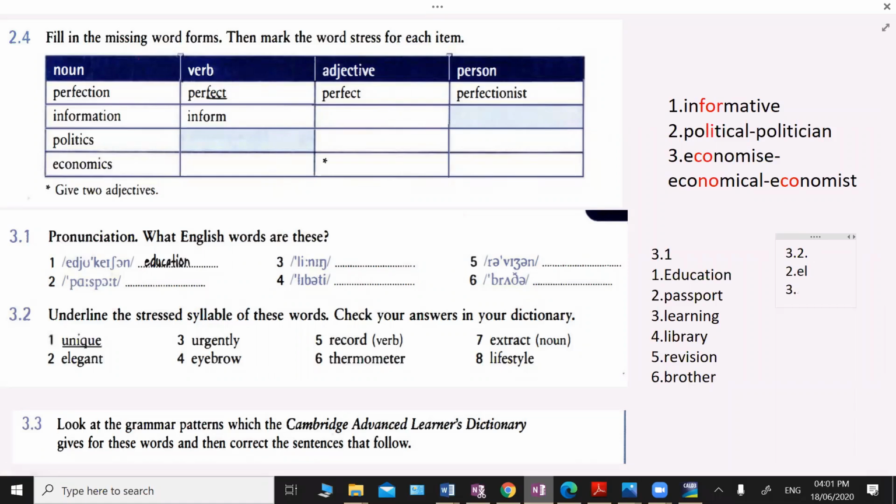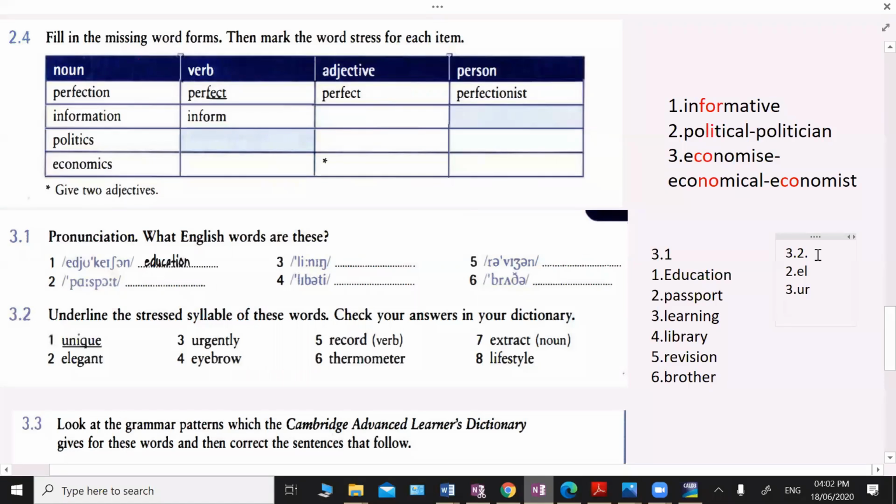And number 3, I'll say the word. The word is urgently. Please see me urgently. Yes, the stress is on UR. That's right, UR.